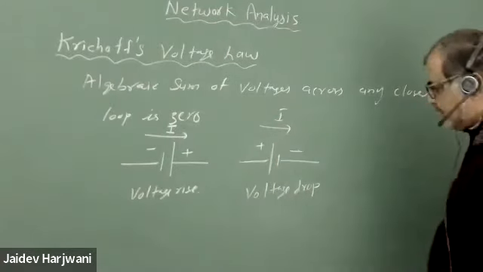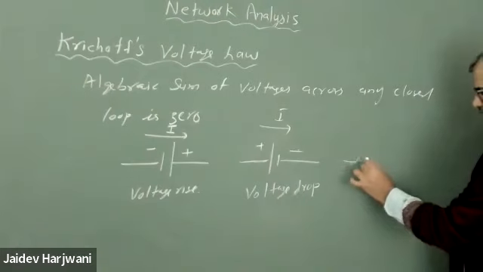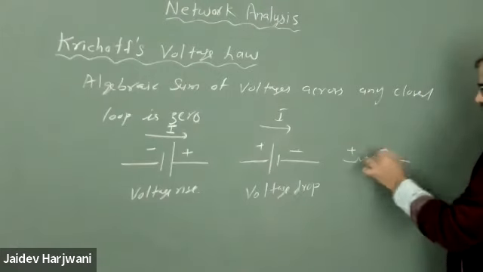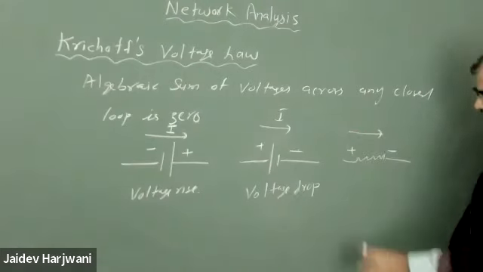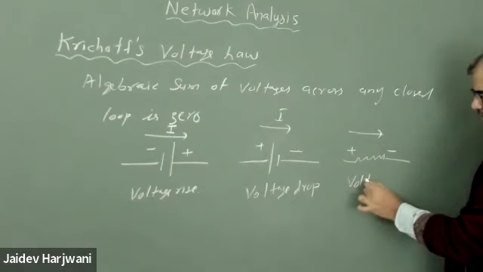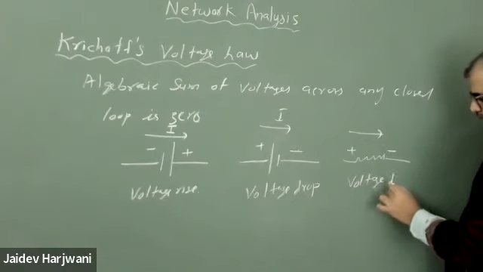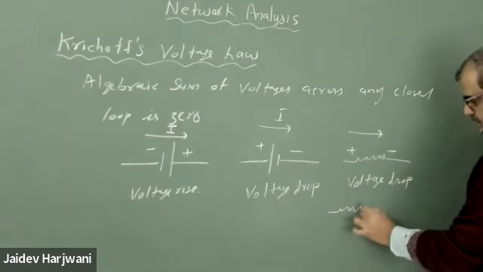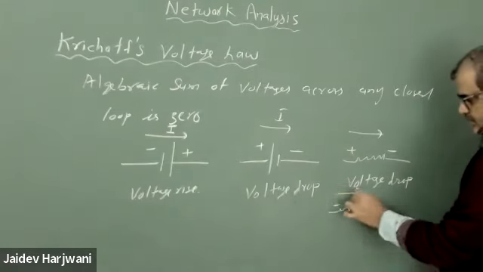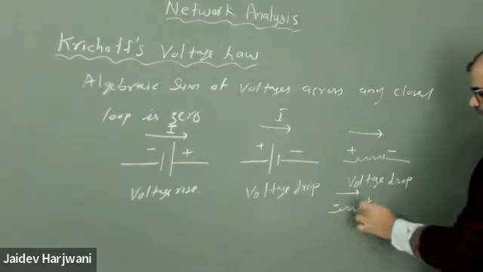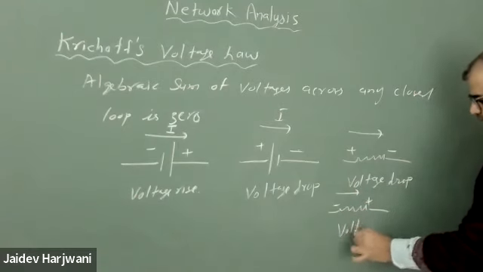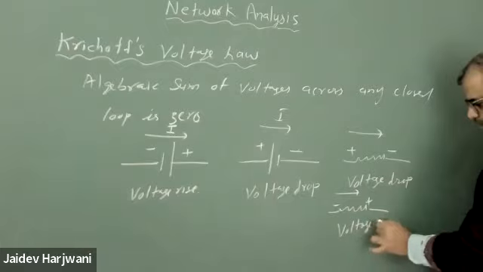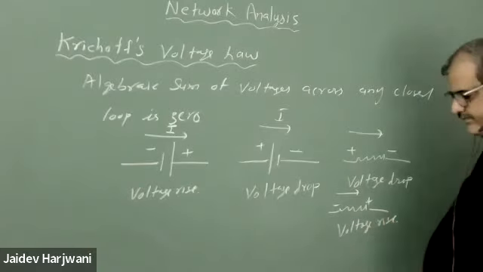Similarly in a resistance, if you are moving from higher to lower potential, that will be a voltage drop, and from lower potential to higher potential, that will be a voltage rise. Sir, but resistance doesn't have a polarity, no?